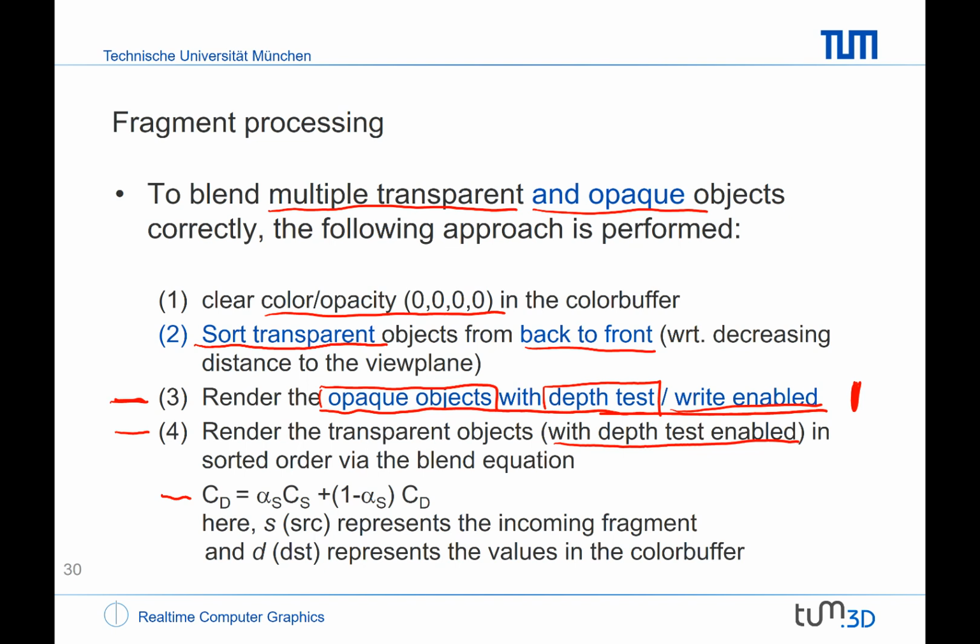If so, then the transparent object will just be discarded. And if that transparent object is closer to the view plane or the near plane than the opaque object that has been rendered in 3, then it is just blended with whatever color is already in the color buffer using the blend equation we have here. And we are done.